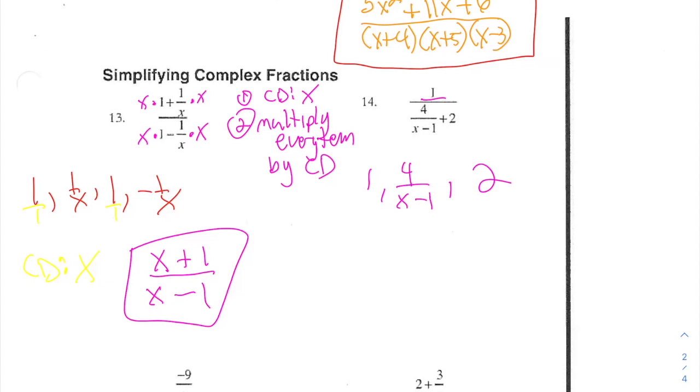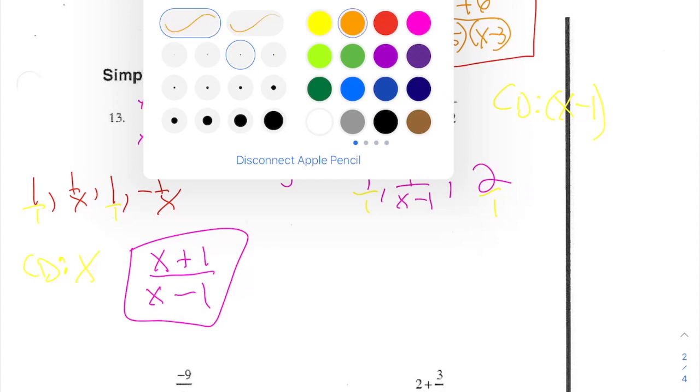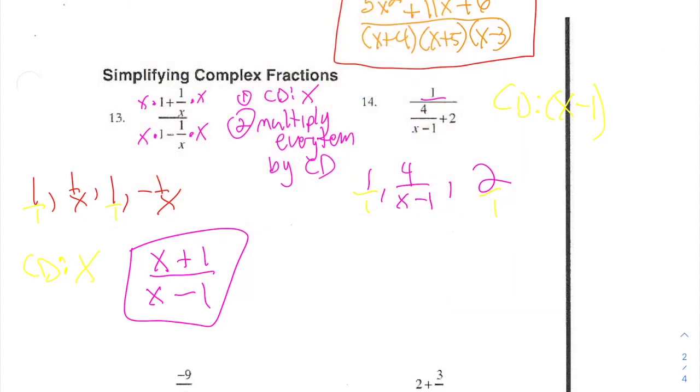Well, 1 is really 1 over 1, and 2 is 2 over 1. So the common denominator here is x minus 1. And now what I'm going to do with this is multiply every single term by x minus 1. So it's 1 times x minus 1, 4 over x minus 1 times x minus 1, and plus 2 times x minus 1.